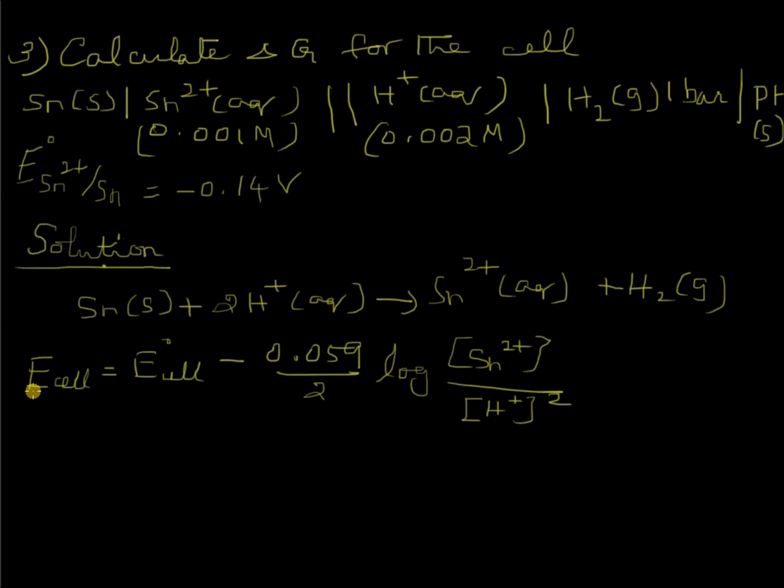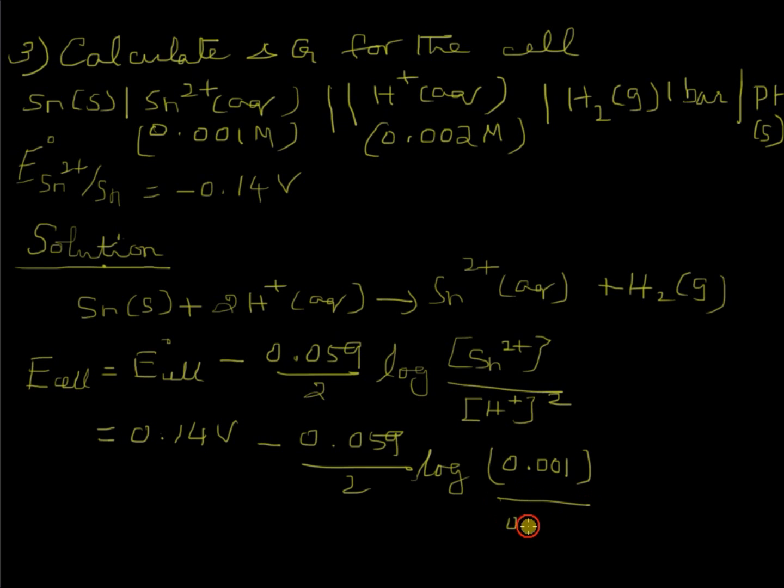So the Nernst equation is given there. You can substitute for E naught cell. For the hydrogen electrode, the electrode potential is 0. 0 minus (minus 0.14) gives you 0.14 volt for E naught cell, minus 0.059 by 2 log 0.001 by 0.002 the whole squared.